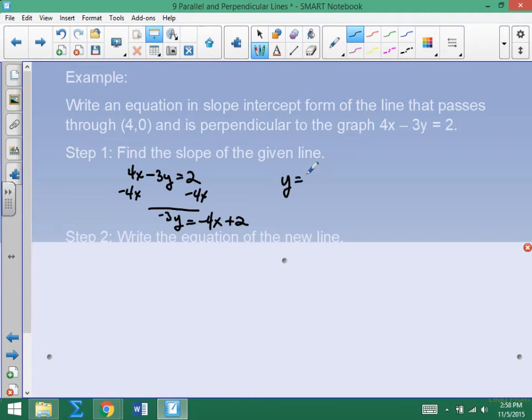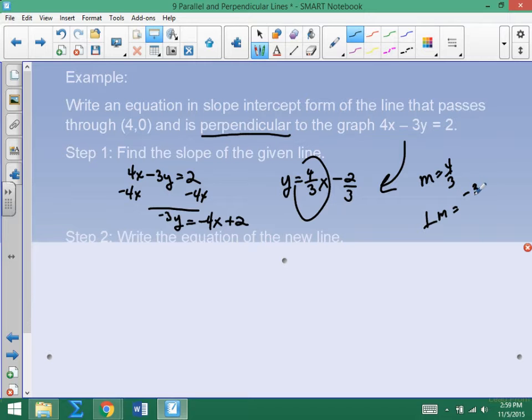Divide everything by -3 and we get this equation of the 4x minus 3y equals 2, but in slope-intercept form. Remember, the whole point of doing this is to find the slope of that line. So if the slope of this line that's given is 4/3 and we want the perpendicular line, then what we need to do is take the slope of 4/3 and now find its opposite reciprocal, meaning change the sign and flip where the 4 and the 3 are.